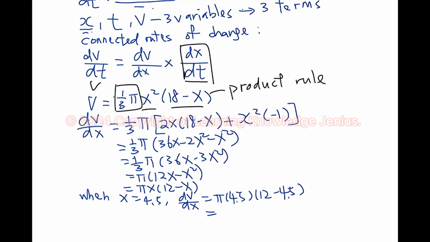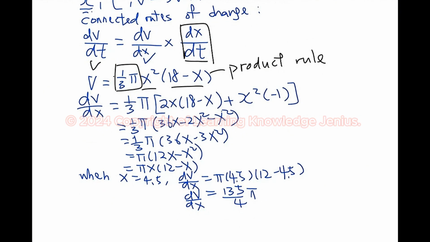Then you do the calculation, so I get the answer is this. Now I have the dV/dx at the particular moment when x is equal to 4.5. I have obtained all the information already, so we can now sub all the values into it.